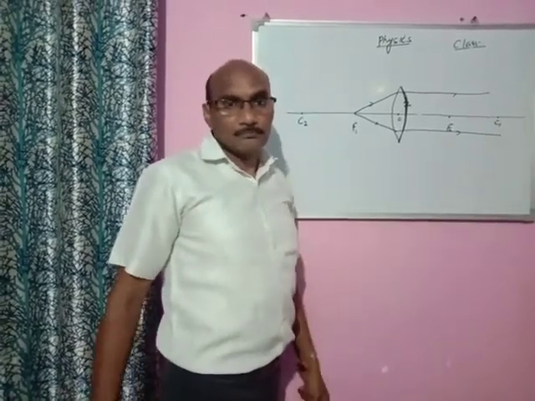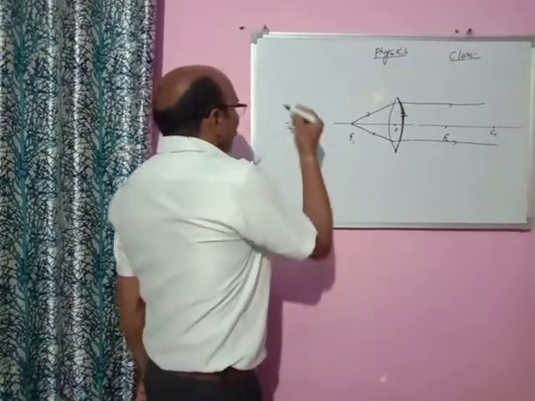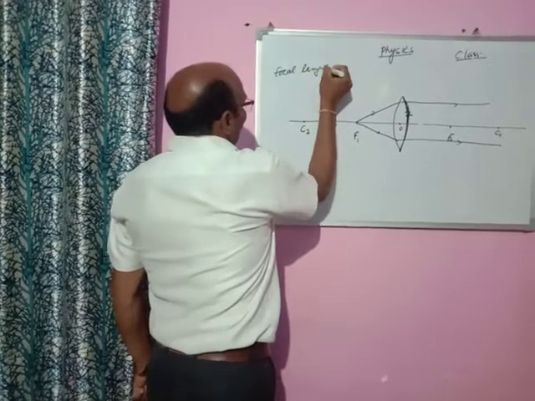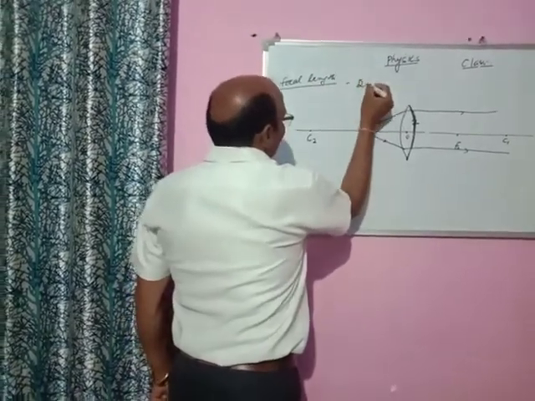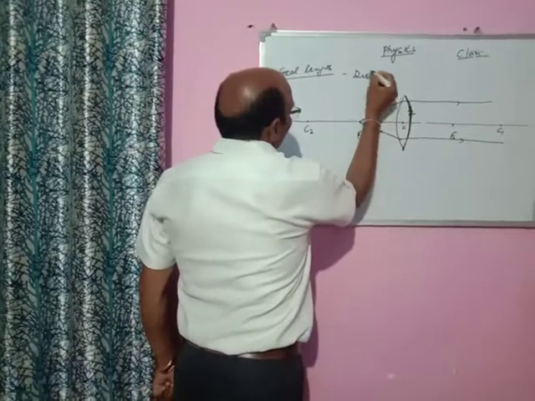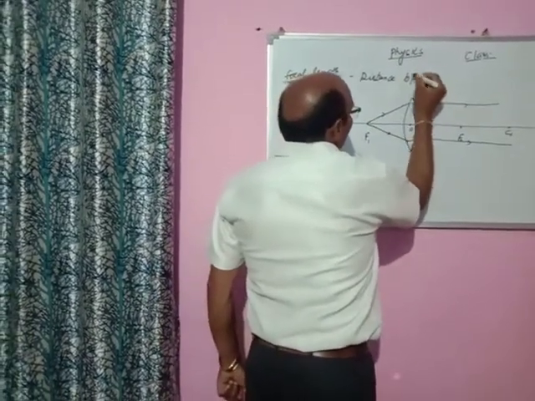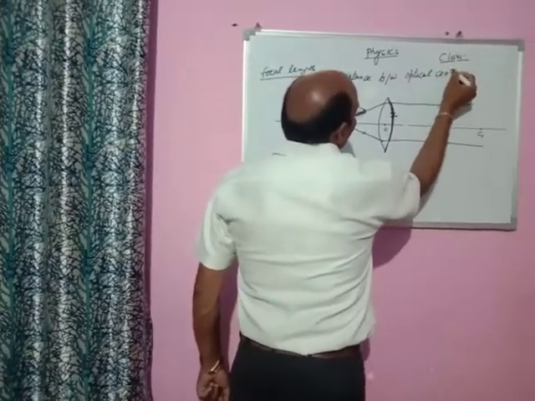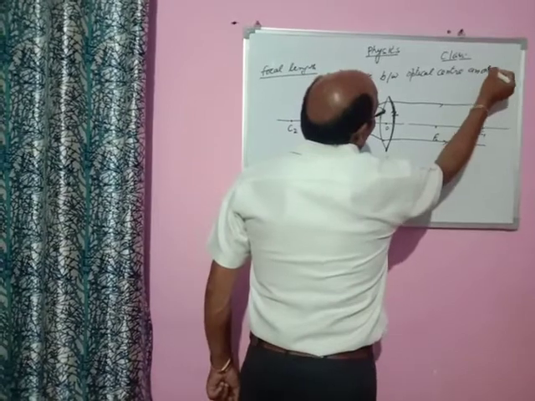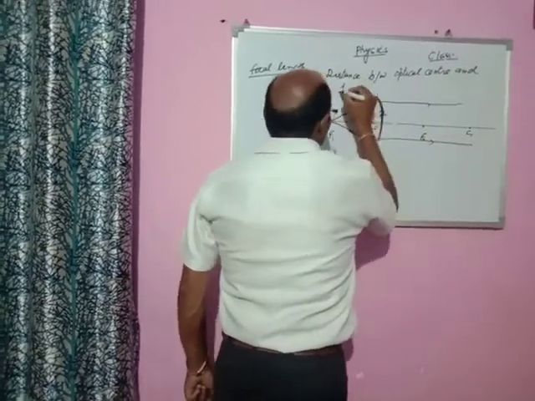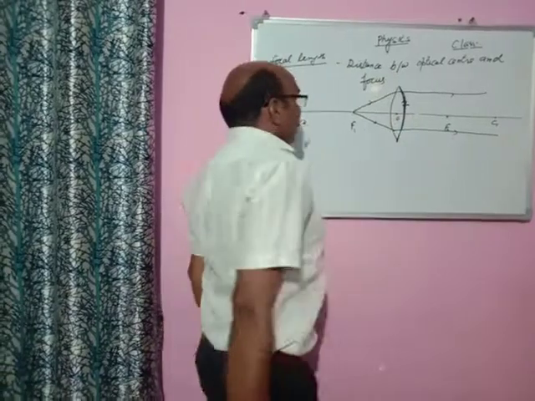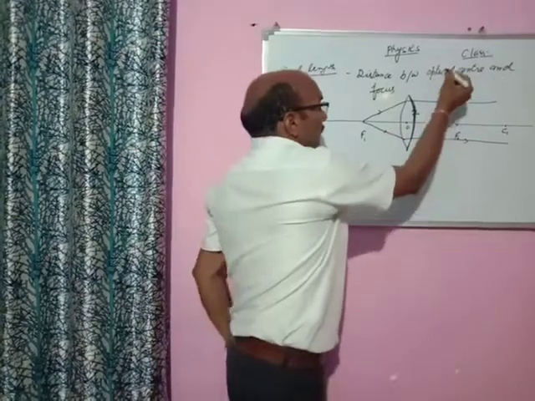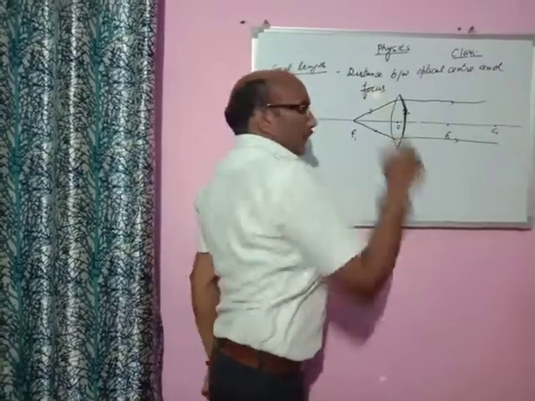Now, what is focal length? Focal length is the distance between the optical center and the focus.